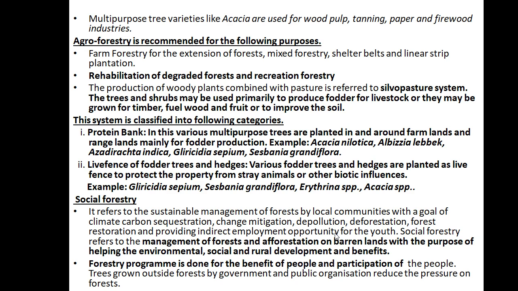For that we have to do social forestry. That means if there are highways, on either side of the highways we should grow more trees to avoid the pollution created by vehicles and automobiles. And deforestation, forest restoration. We can restore forest, or we have to reserve it, providing indirect employment opportunity for the youth actually. So that is very important.